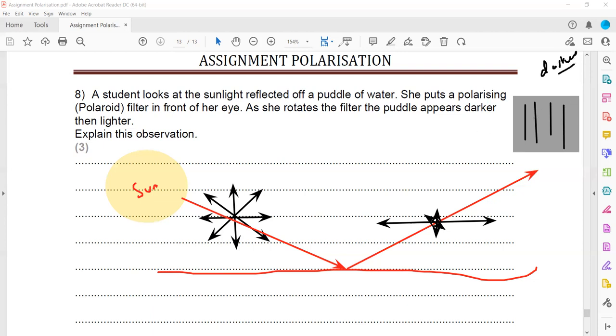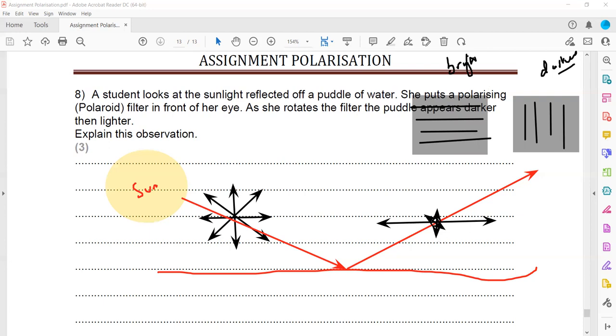But when the plane of the polarizing filter is parallel, as she rotates, then the light is able to pass through. So she will observe darker, then lighter.